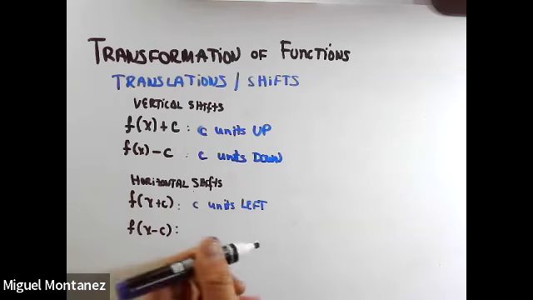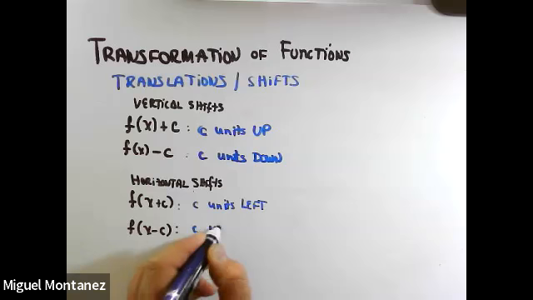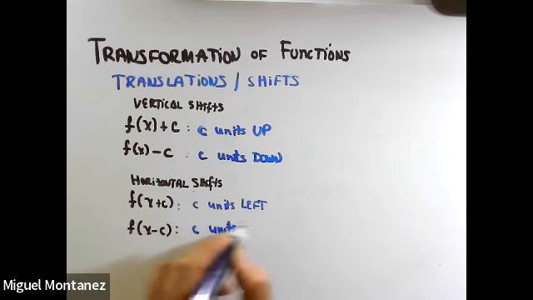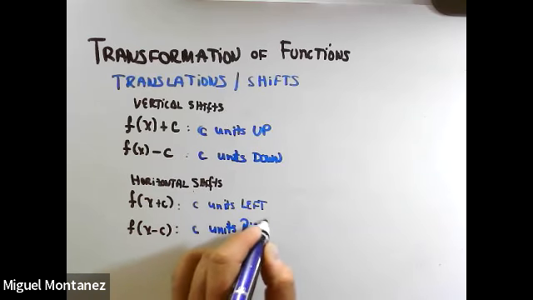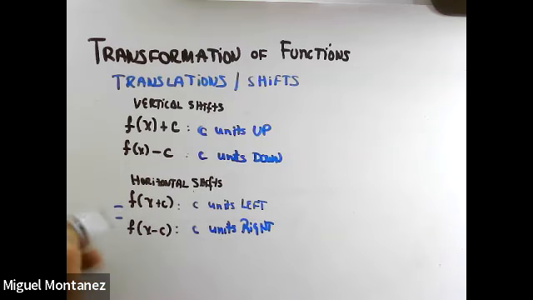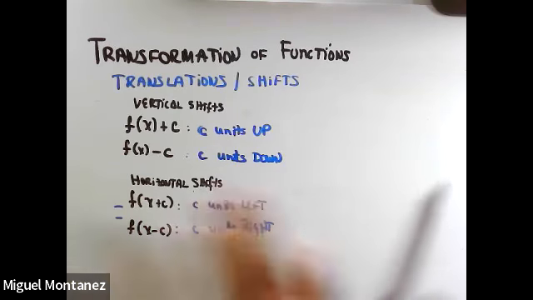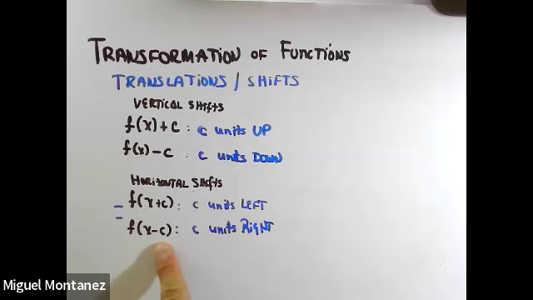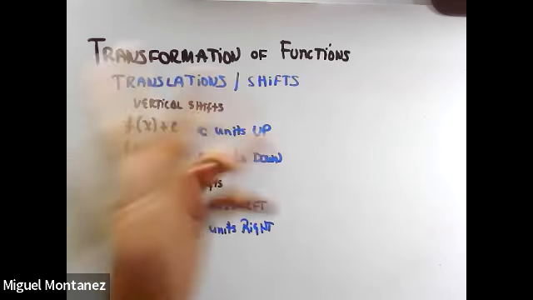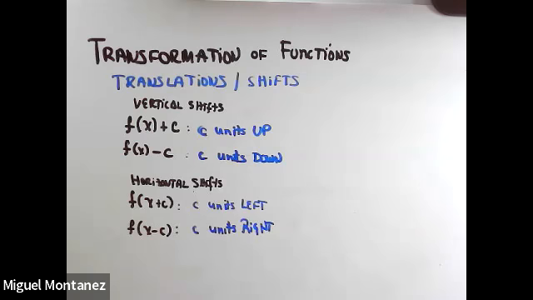If I subtract, we push right. c units right. So be careful with these two. They're kind of counterintuitive. If I add, we expect to go to the right, no, we go to the left. If I subtract, we go to the right. Okay, so that's how we do these translations or shifts.